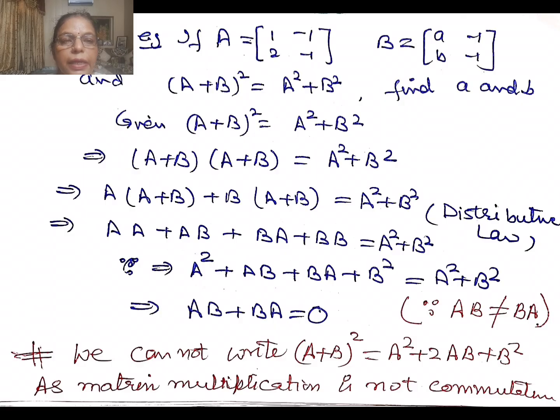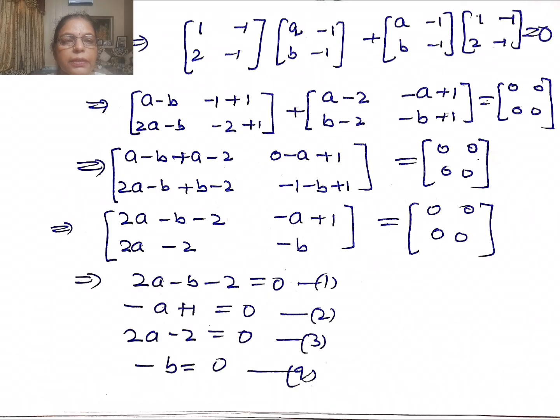Now calculate AB plus BA, that is [1 -1; 2 -1] into [a -1; b -1] plus [a -1; b -1] into [1 -1; 2 -1], equal to the zero matrix.